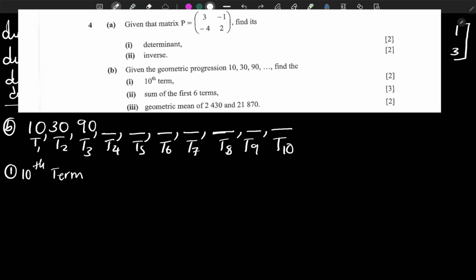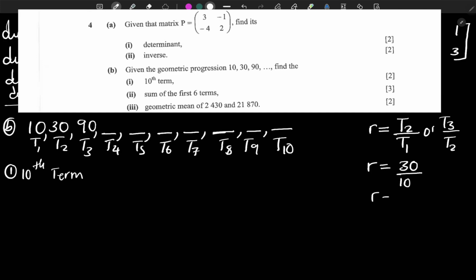So what you do, first we need to come up with a common ratio. So common ratio is found by this formula. So R is equal to second term over first term, or third term divided by second term. R is equal to, so what is our second term? Is 30 over first term is 10.